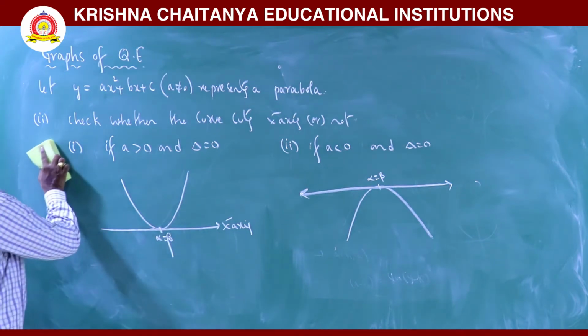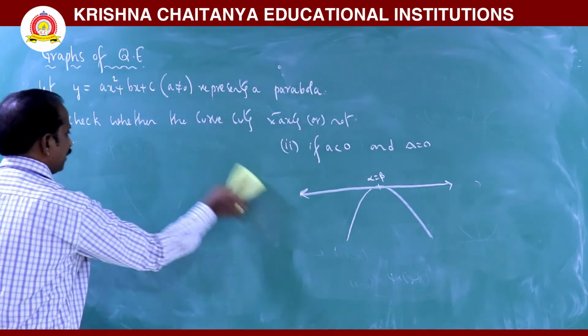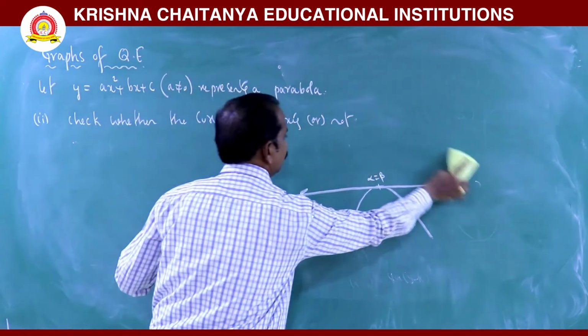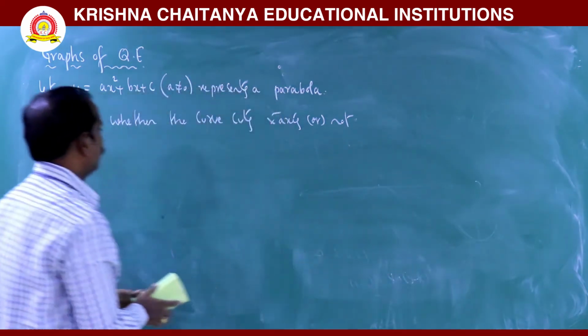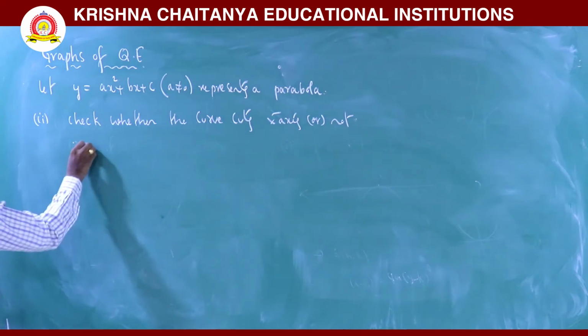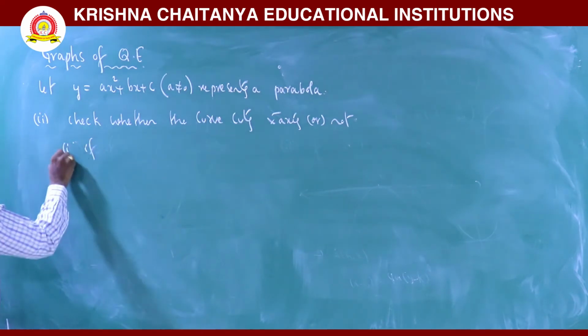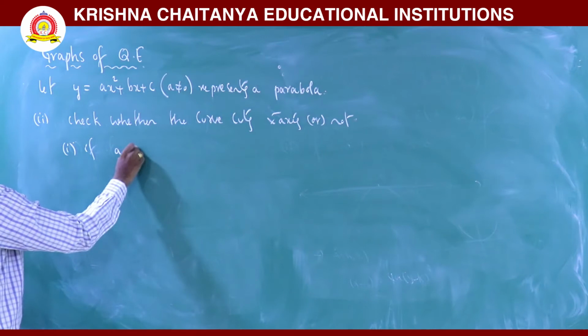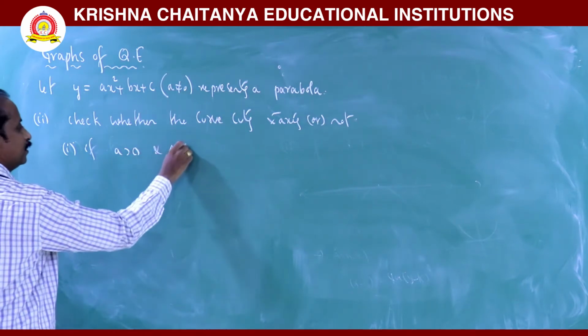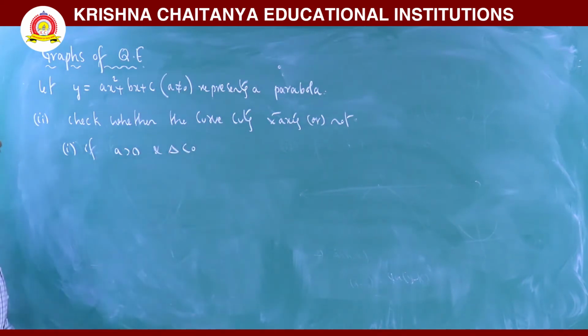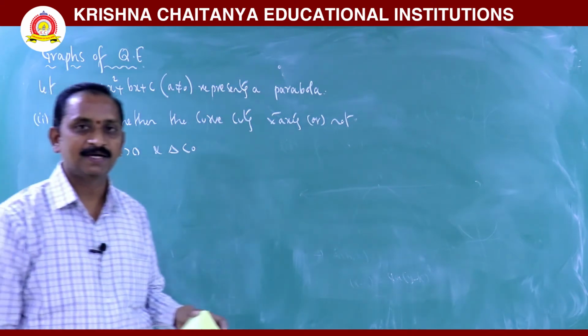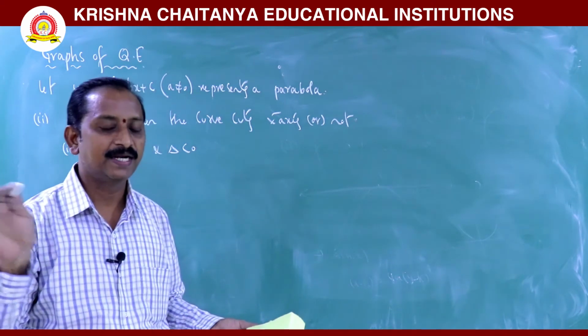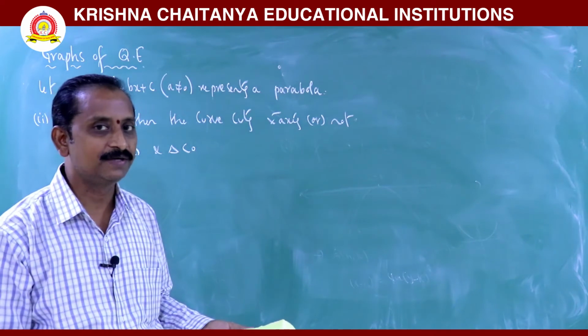Next, come to another one. If A greater than 0 and delta less than 0. A greater than 0 means the shape of the curve is open upwards. Delta less than 0 means imaginary roots.